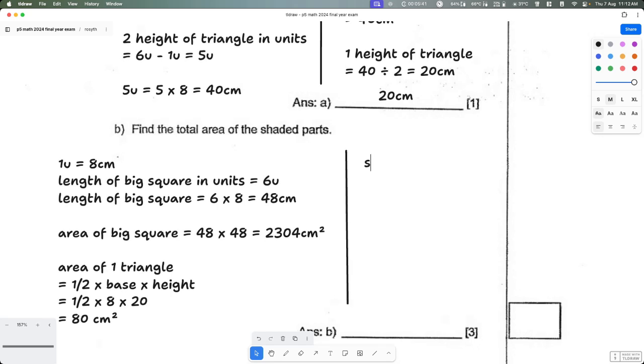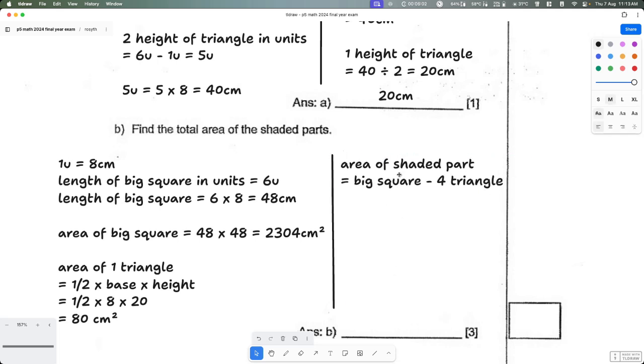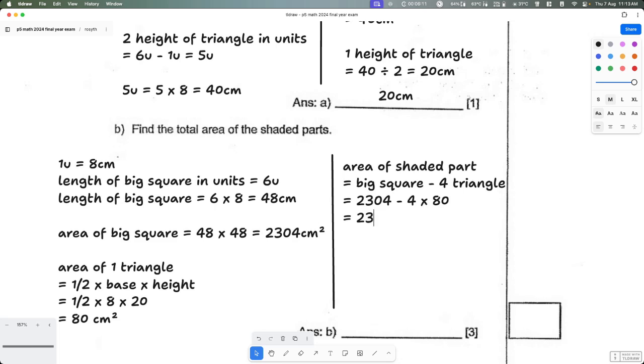So basically the area of the shaded part is equal to the big square, 2304, minus 4 triangles. So this will be 2304 minus 4 times 80, which is 320.